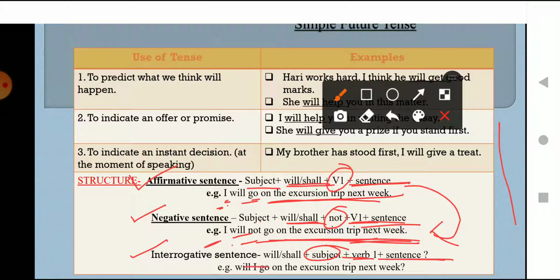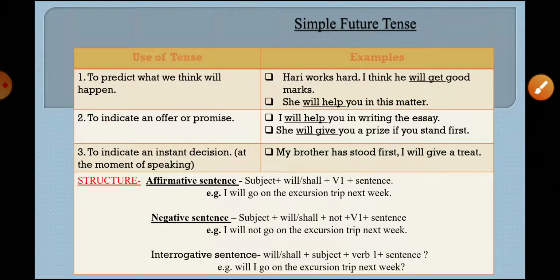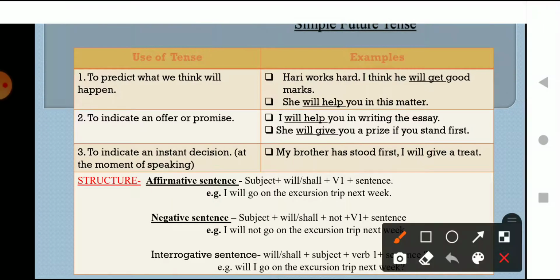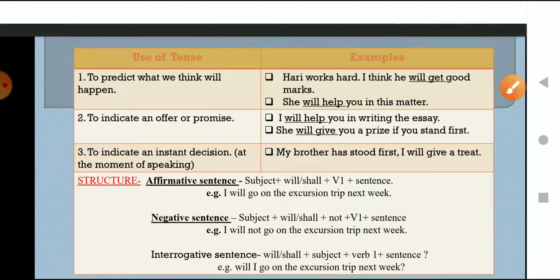Will I go on the excursion trip next week? Question mark. Will I go on the excursion trip next week? So these are the structures of how we can form simple future tense.